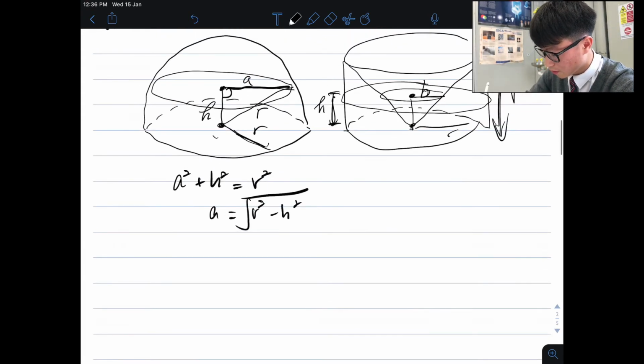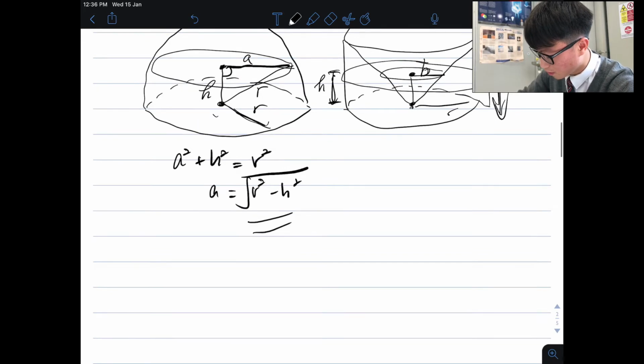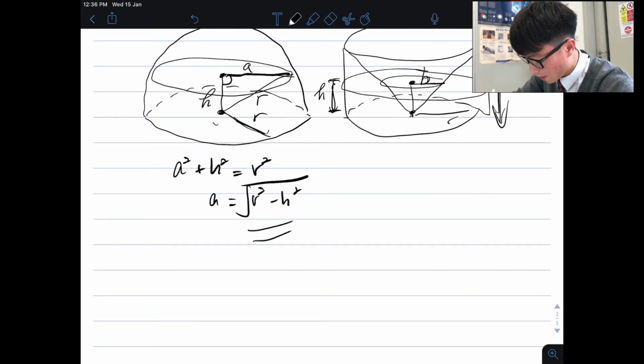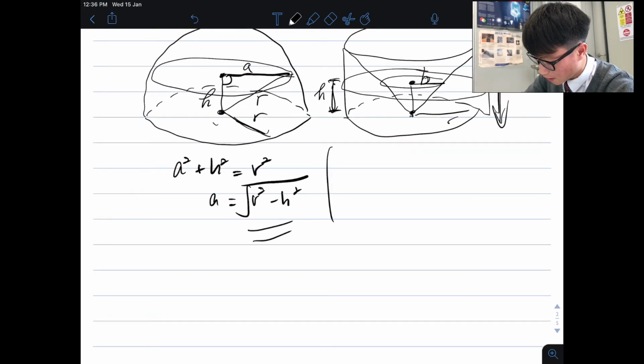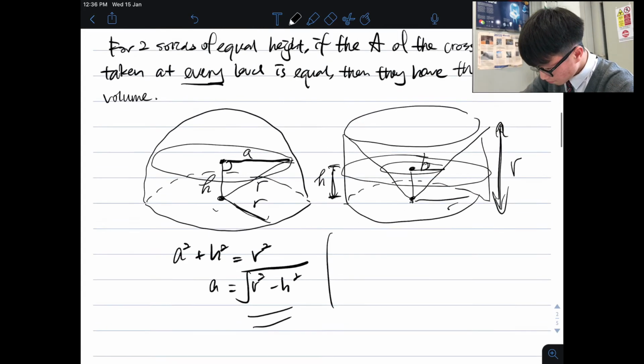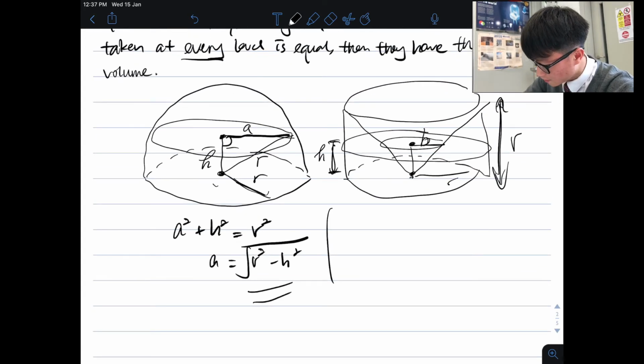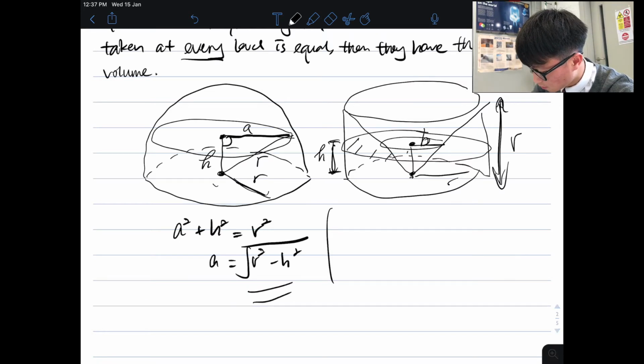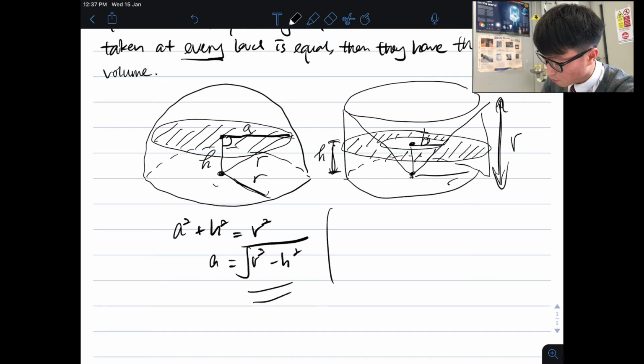We leave this for a while and move to the right side. We need to find the cross section of the solid here to make it equal to this cross section, so that we can prove the volume is the same.